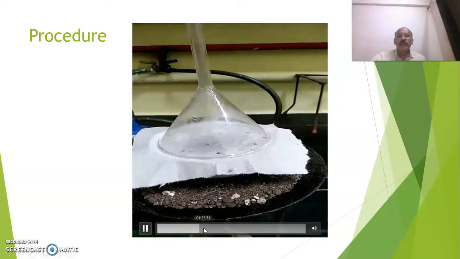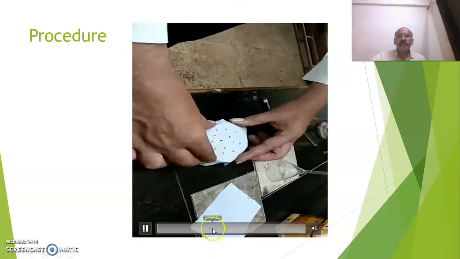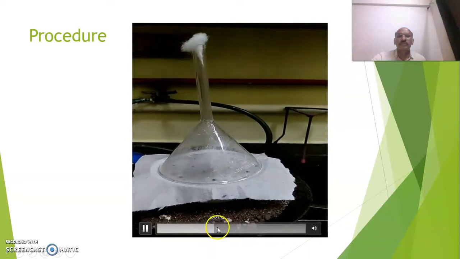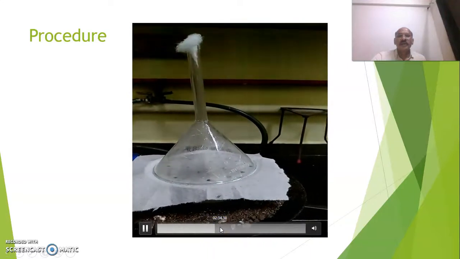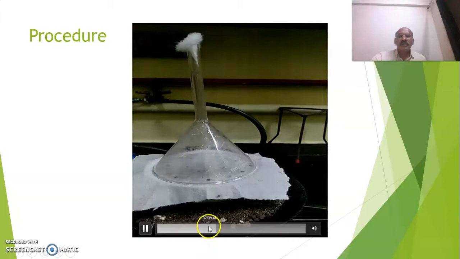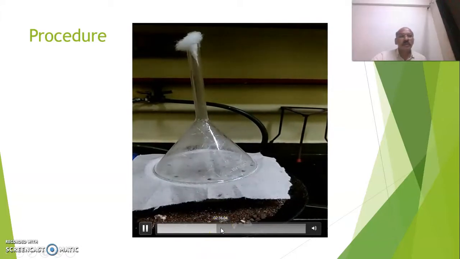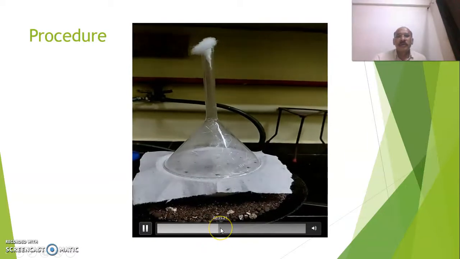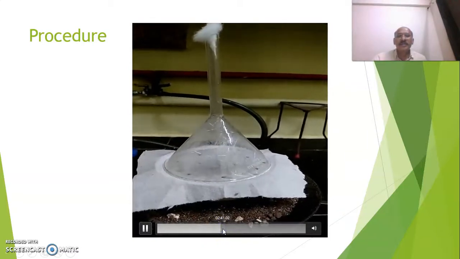Now you see crystal formation has started. Fine thread type crystals are there. Fine needle type crystals are there.